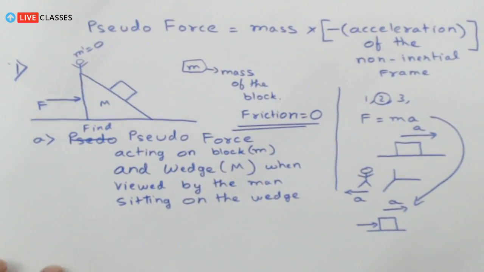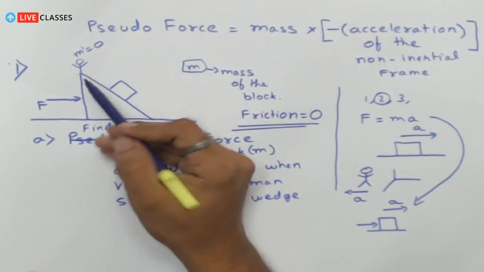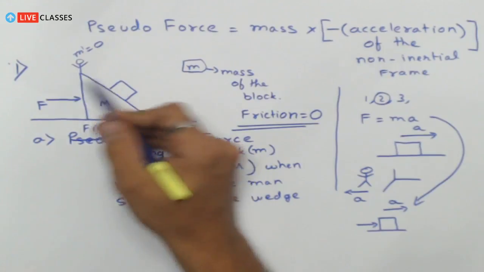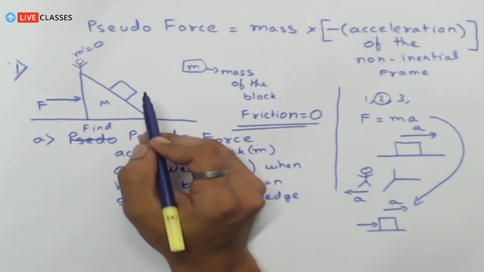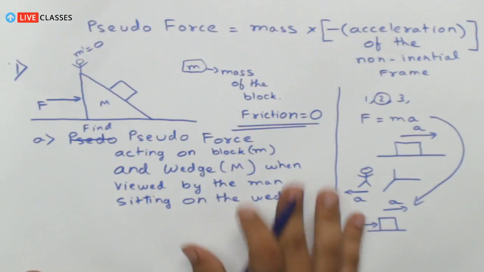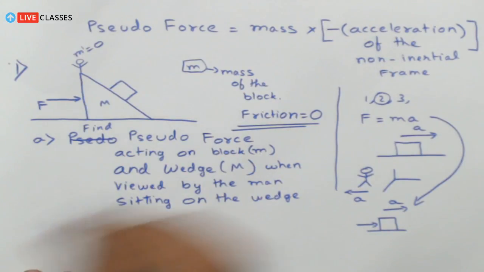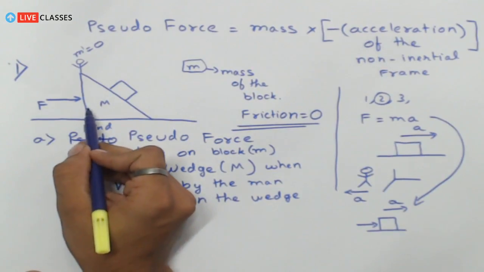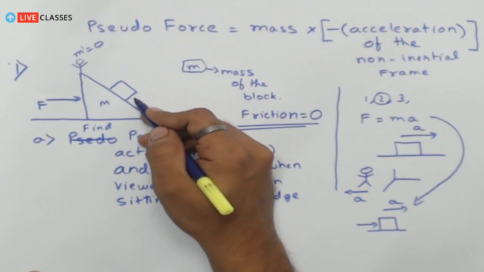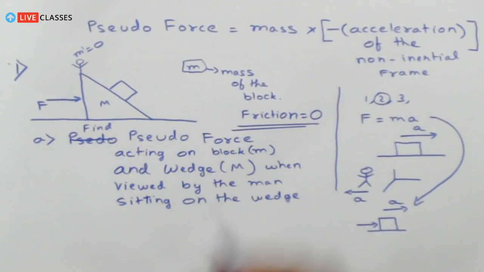As you can see, the man is sitting on the wedge and all surfaces are frictionless, so obviously this whole system will have an acceleration. I forgot one more condition given in the question. As force F is applied, the block is at rest with respect to the wedge.